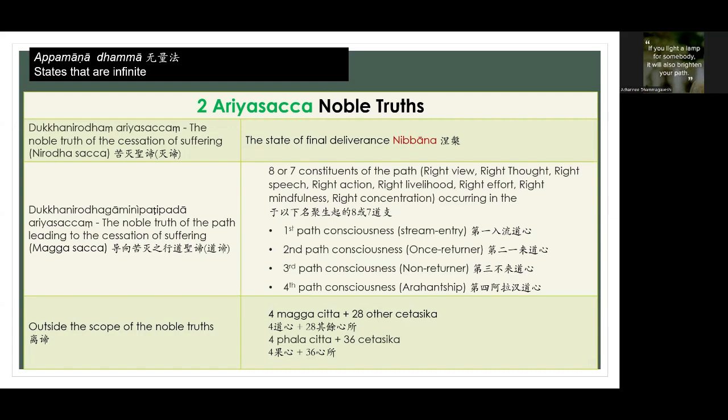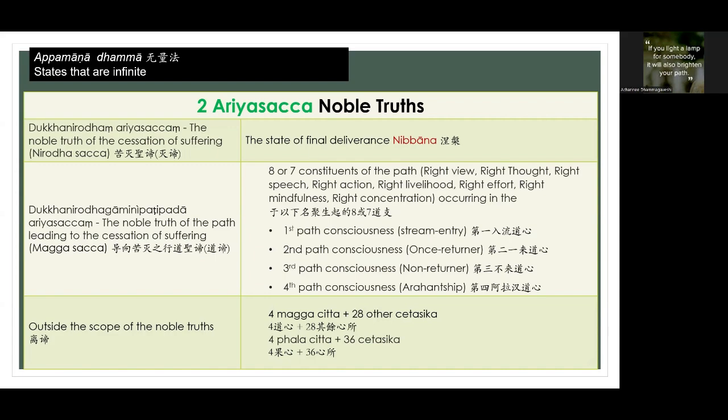Moving down to the third jhana, vitakka and vichara are eliminated. We are left with piti, sukha, ekaggata. Fourth jhana has only piti and ekaggata. And fifth jhana has only upekka and ekaggata.